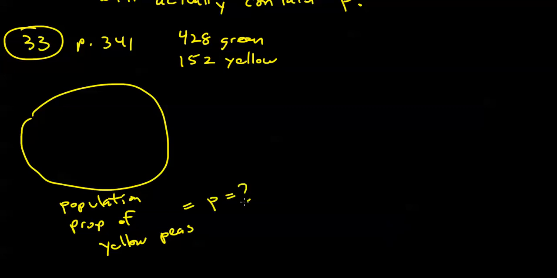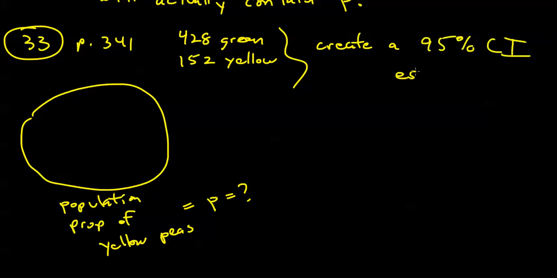Because populations are extremely huge, we can't ever know little p for sure, but we're going to estimate it. So our goal here is to create, using the sample data, a 95% confidence interval estimate for little p, where little p is the population proportion of yellow peas.